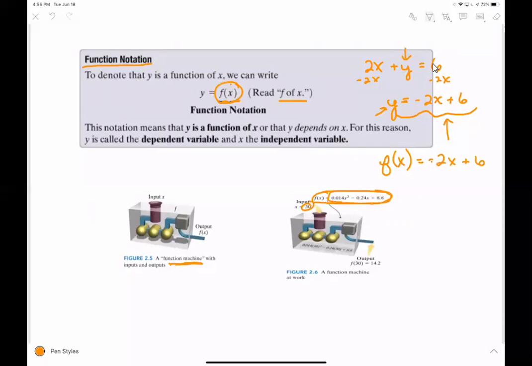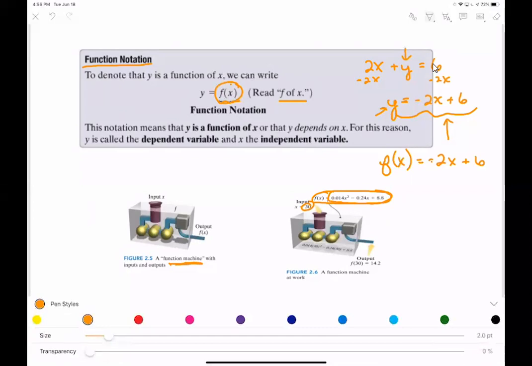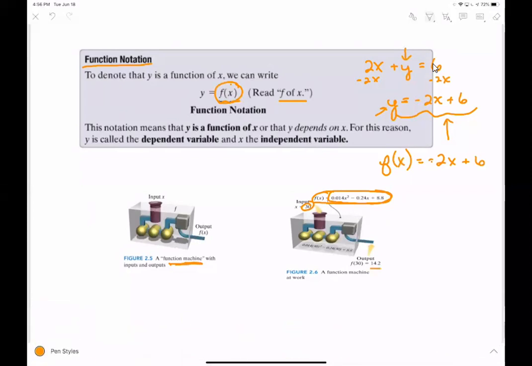If you just substitute the 30 where you have your x value and simplify it, then you get an output of 14.2. You can think of this as you're inputting the x value and you're outputting whatever the y comes out to be. In this example, we inputted 30, and then our output was 14.2. So it's basically, you think of it as an ordered pair.